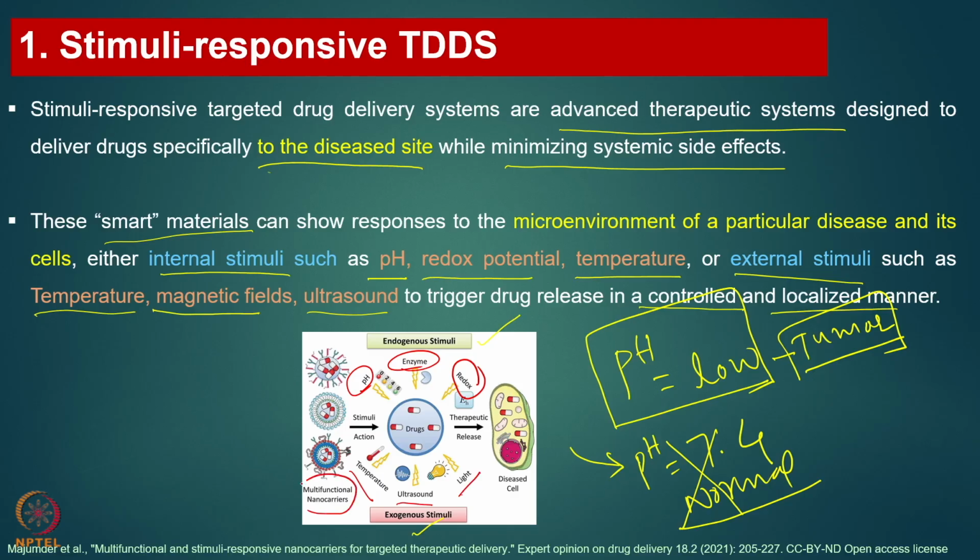The carrier or delivery system will respond to these stimuli, and then your therapeutic drug will be released and can work as a target. This all happens within the cell or at the disease site.